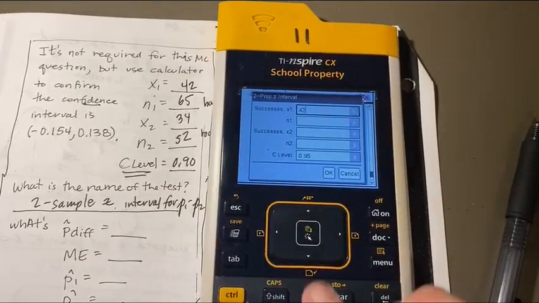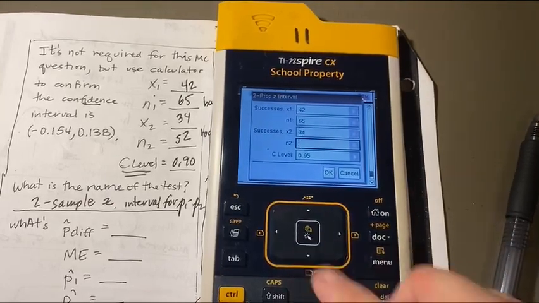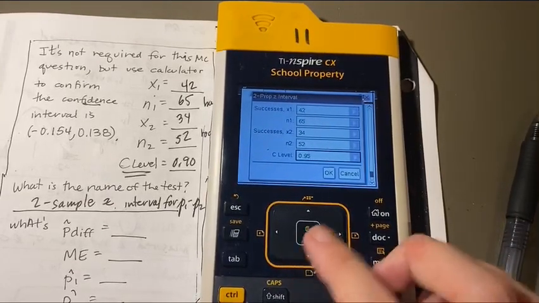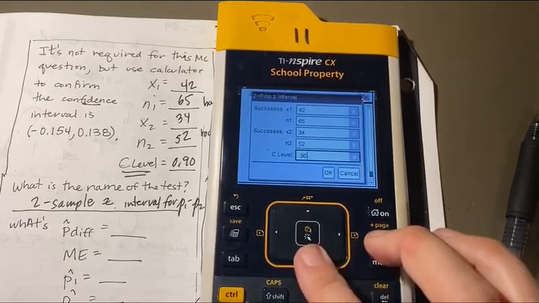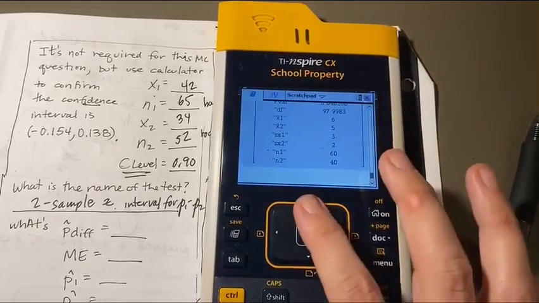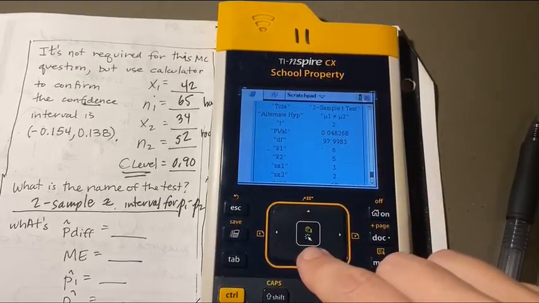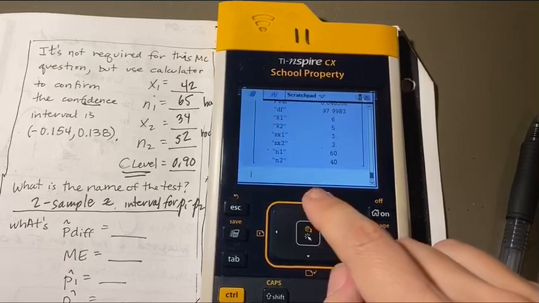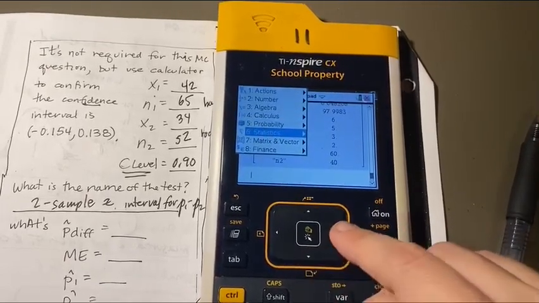So 42 out of 65 said yes, I got an iPod. 34 out of 52 said yes, I have an iPod at the rock concert, and I have a 90% level. Okay, so let's take a look. Interesting. I messed up, guys.